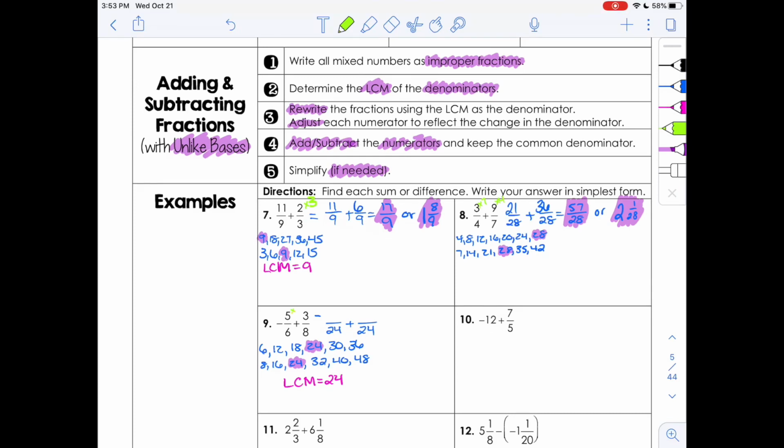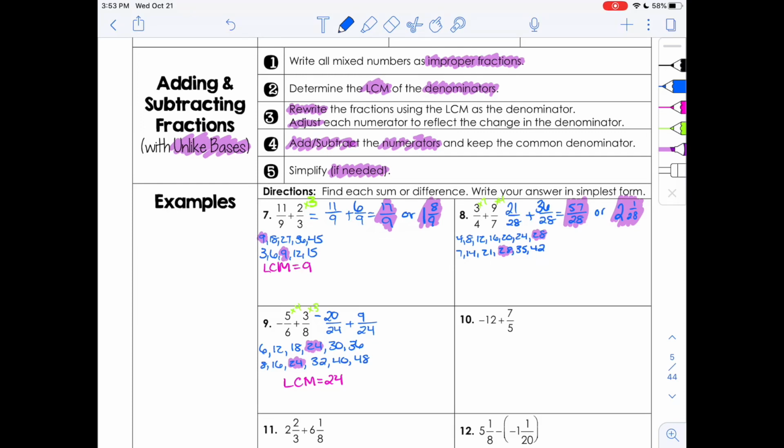Taking that 4 and multiplying it by my original numerator, 4 times 5 is 20. Then, looking at my second fraction, my original denominator is 8, and 8 will go into my new denominator of 24 3 times. And 3 times my original numerator of 3, 3 times 3 is 9.